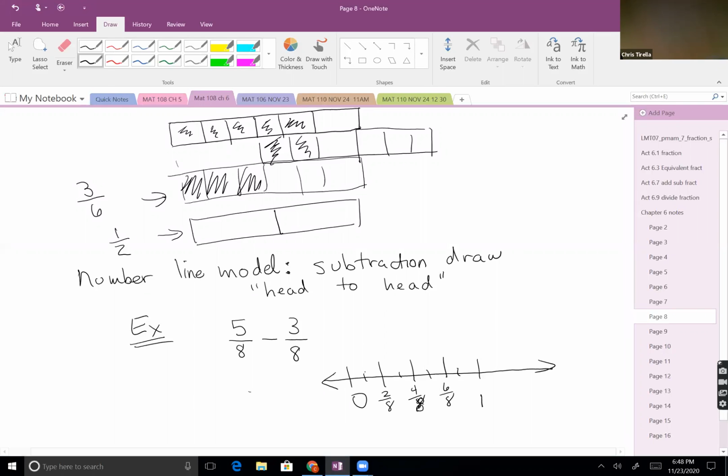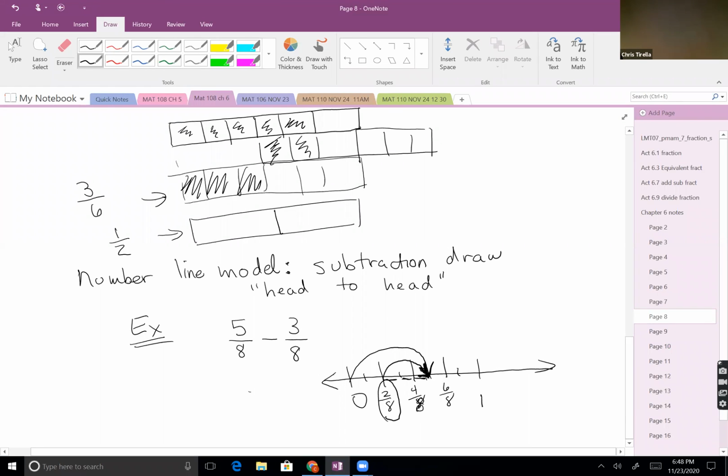So first I'd have my arrow for 5 with a length of 5/8. And using that each of these spaces is an eighth, to show subtraction again, we draw another arrow head to head, whose length is 3/8.